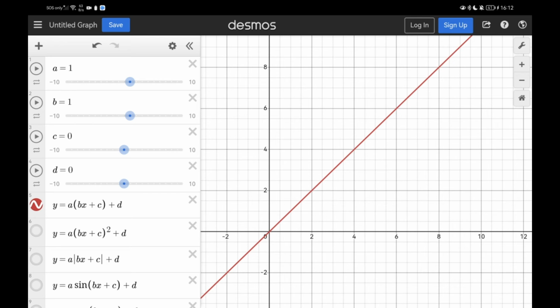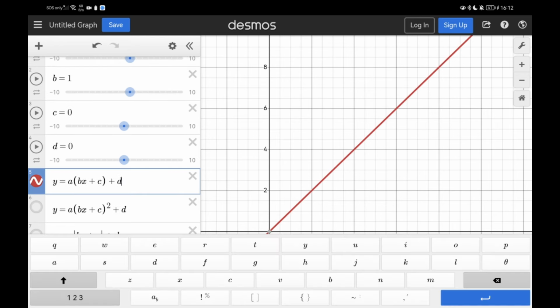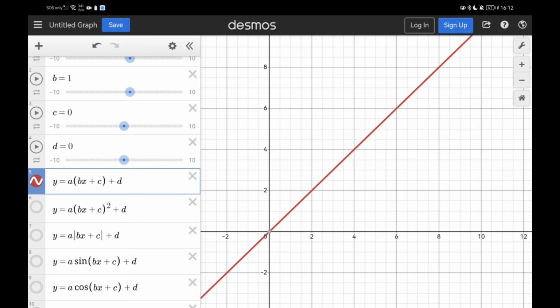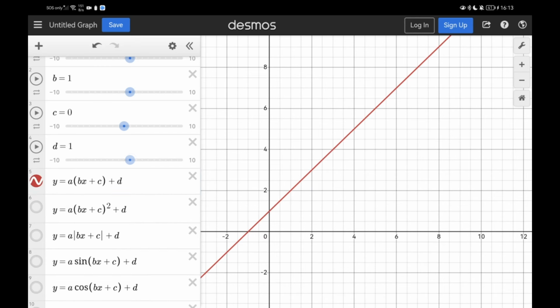So I have to vary d. Let's vary d by 1. If you transform it through translation (0, 1), your graph should look like this.